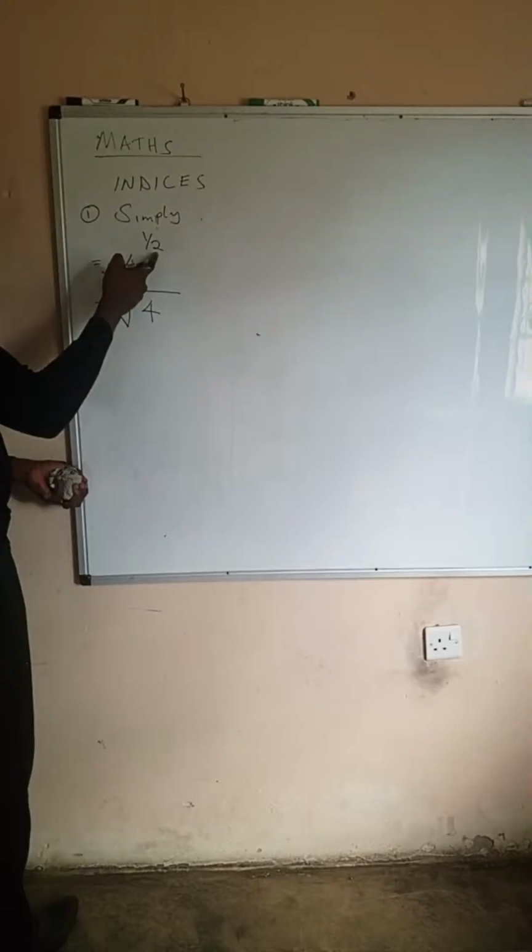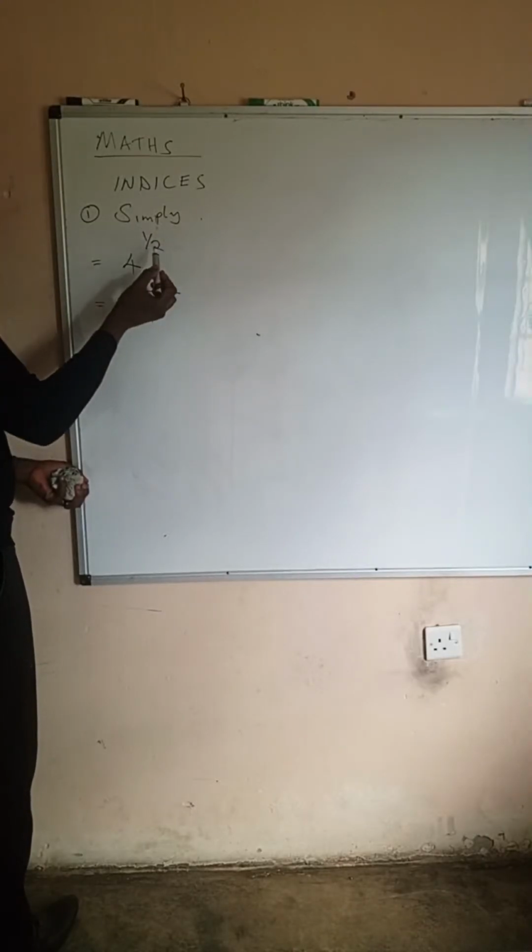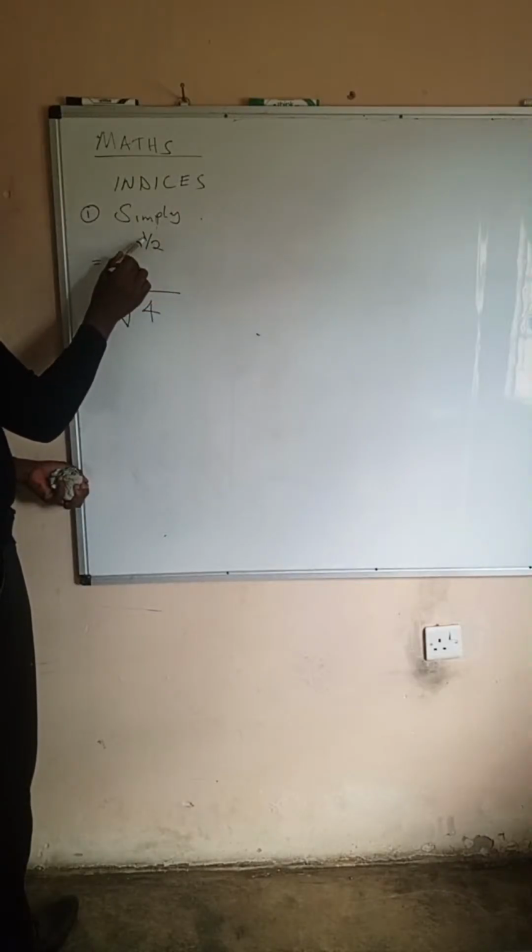In the power, the numerator is 1 and the denominator is 2.